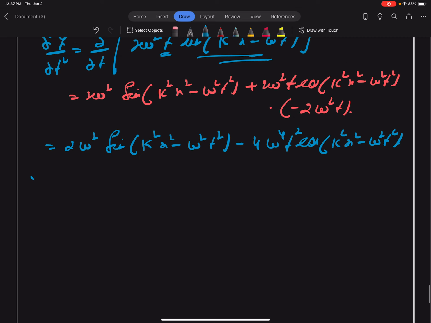Similarly, we are going to do partial derivative with respect to x.